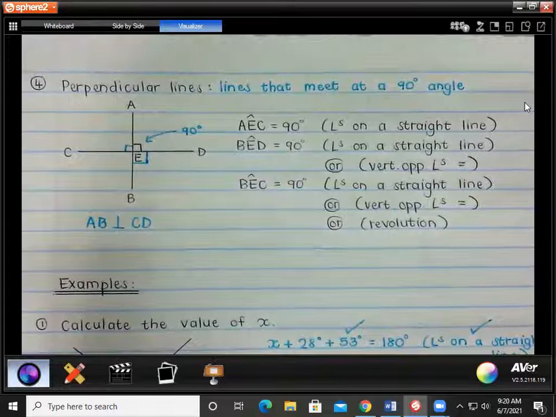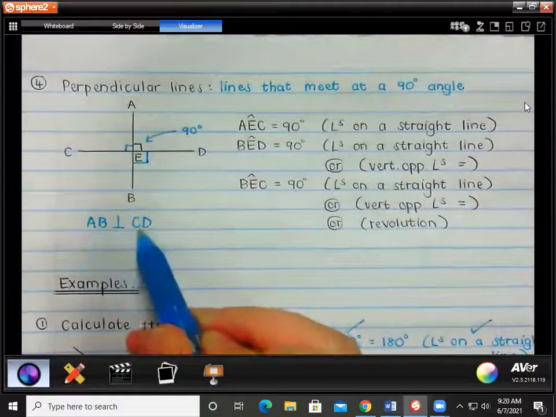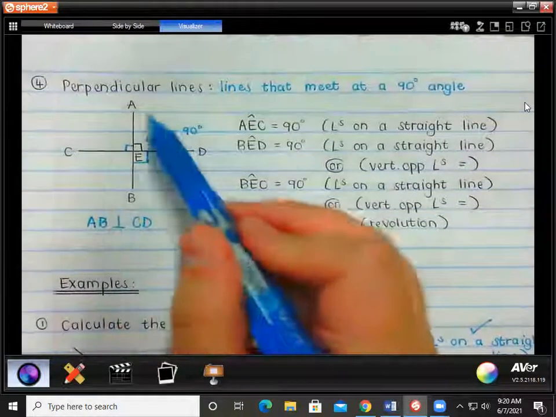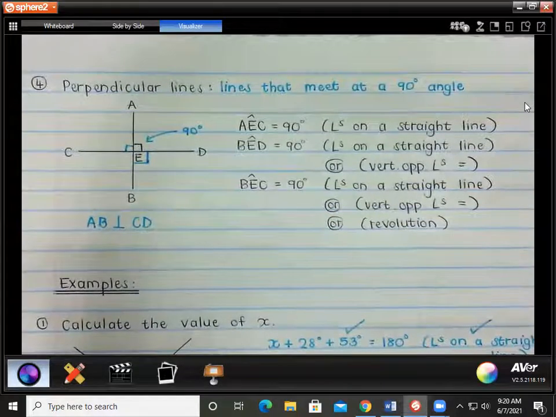So instead of writing AB is perpendicular to CD, you would just use this symbol. And do we see that that kind of looks like the situation that we have here? We have a 90-degree angle there, and then CD.